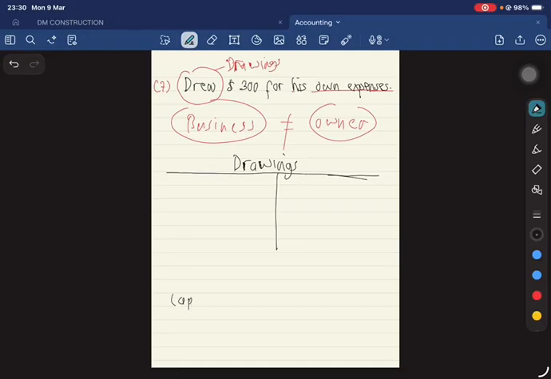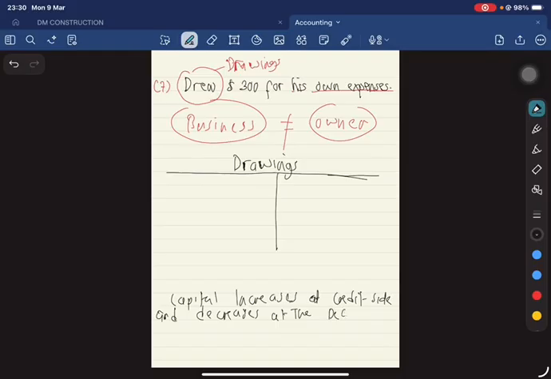We said capital increases at the credit side and decreases at the debit side. And we know the left side of any T account is the debit side, and the right side of any T account is the credit side.